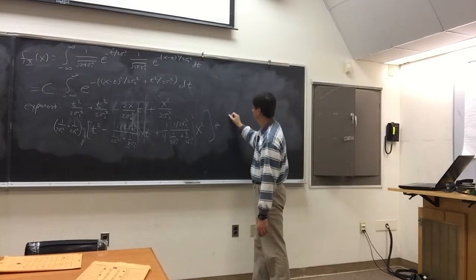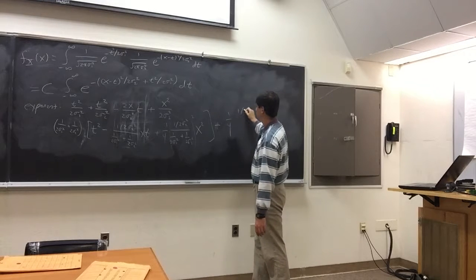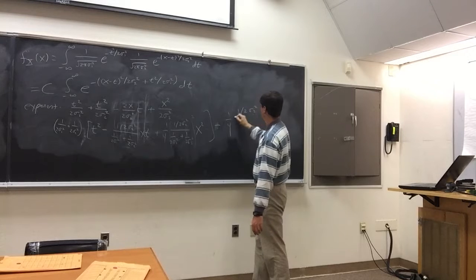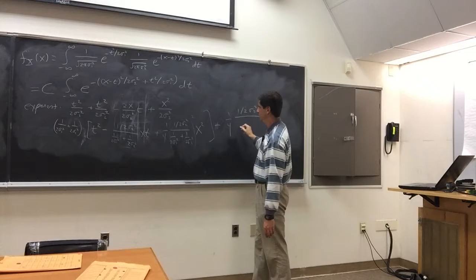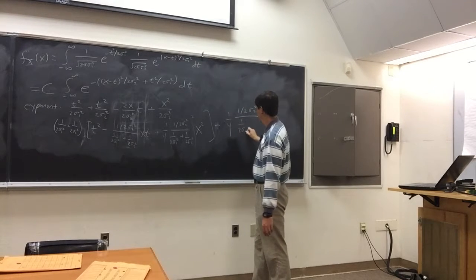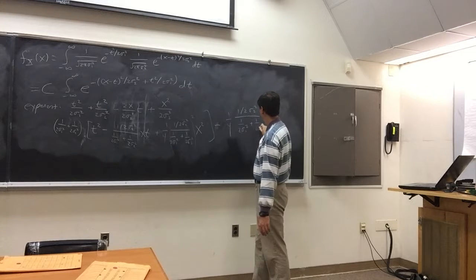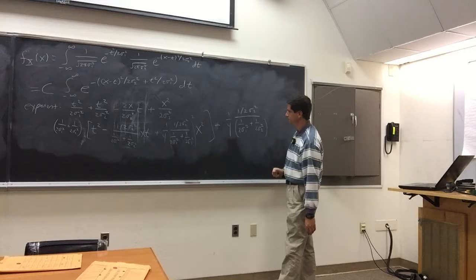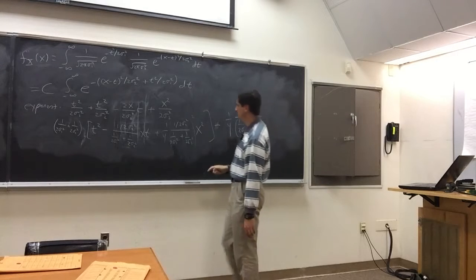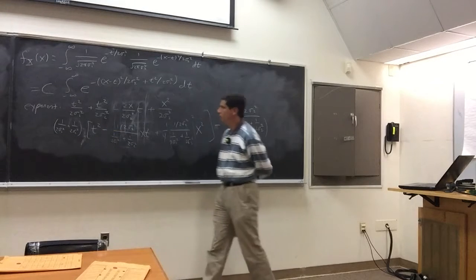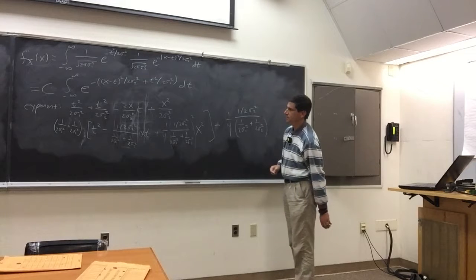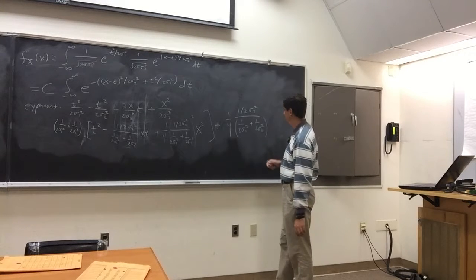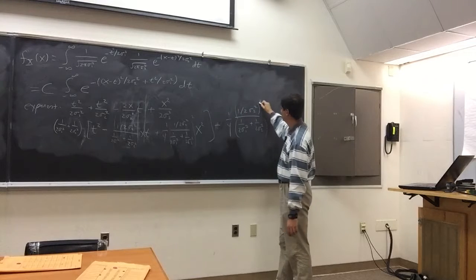So I would then have 1 over 4, 1 over 2 sigma 2 squared, 1 over 2 sigma 1 squared plus 1 over 2 sigma 2 squared. And now I multiply by 1 over sigma 1 squared plus 1 over sigma 2 squared. So this was originally squared, so this one is no longer squared. I think this one is still squared with an x squared.